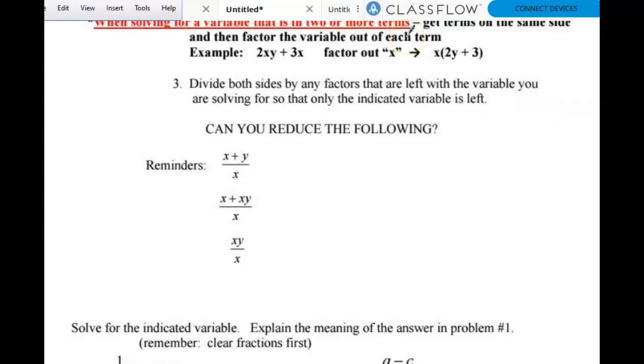It's on your notes. Which can you reduce? Okay.